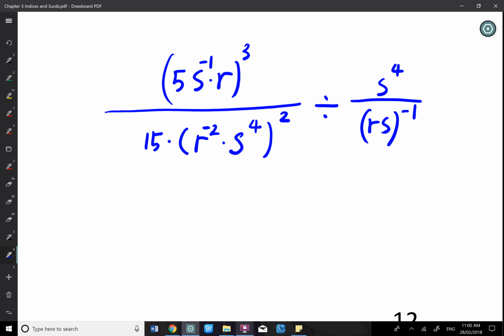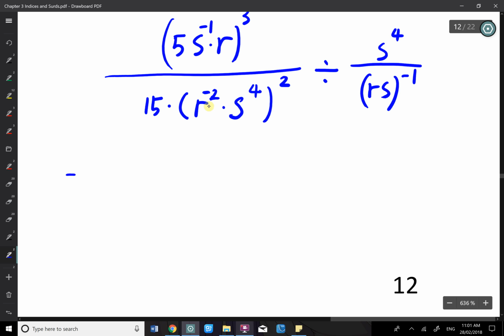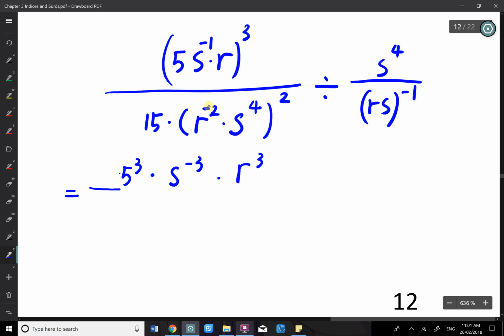So what you can do here is, first of all, we need to correctly expand everything. So this step will give me 5 to the power of 3, times s to the power of negative 3 and r to the power of 3, over, look carefully, this 15 is not in the bracket.